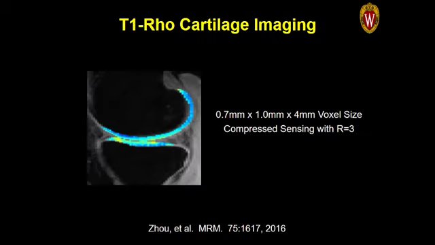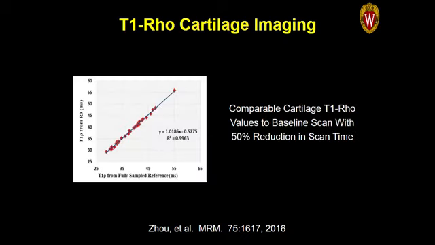Dr. Majumdar's group at UCSF described acceleration of T1 rho cartilage imaging using compressed sensing, and they were able to acquire 0.7 millimeter by 1 millimeter by 4 millimeter voxel size T1 rho maps of the knee with comparable cartilage T1 rho values to baseline scan with a 50% reduction in scan time.